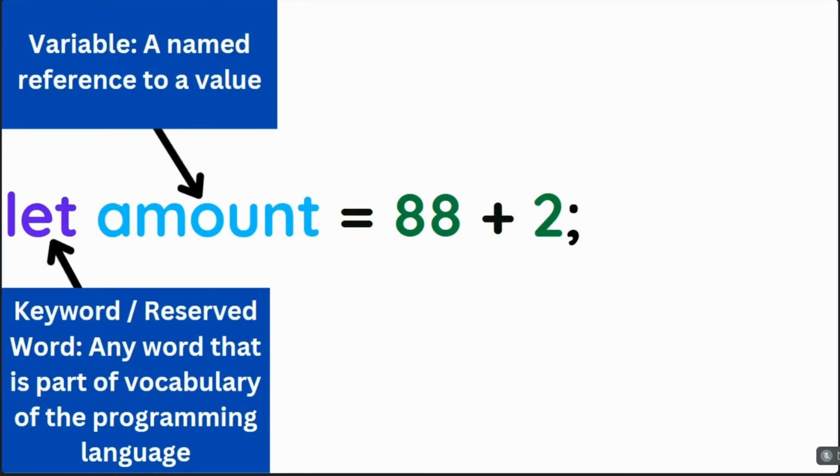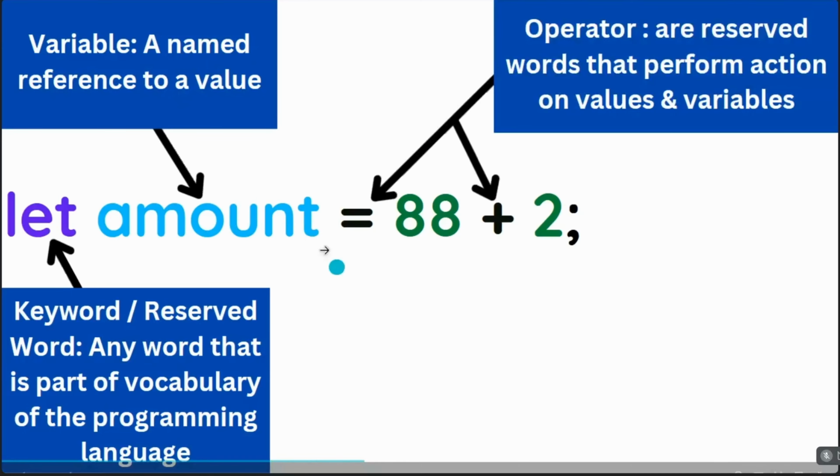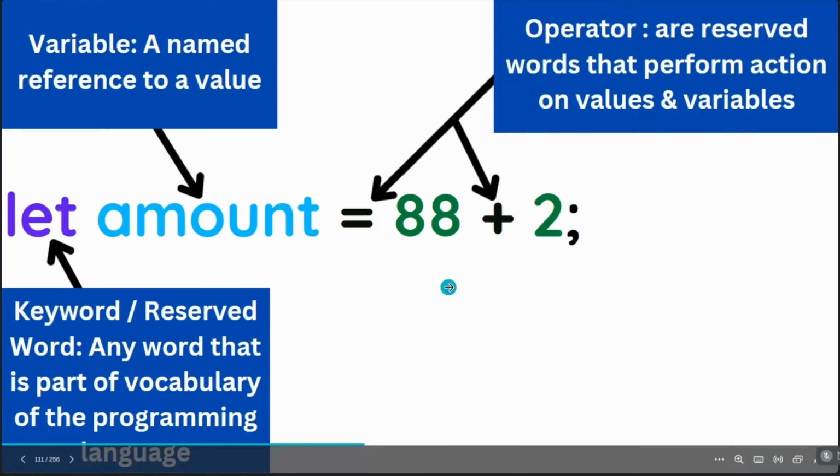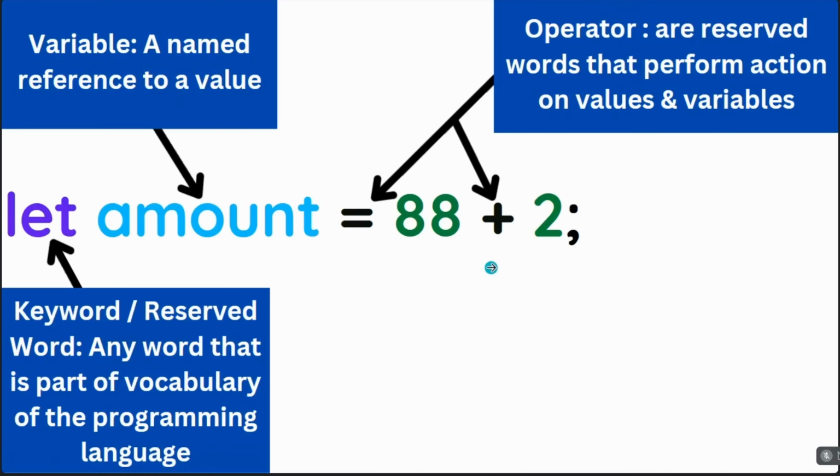The next ones are the equal to and plus symbols. Equal to, minus, plus, multiply, divide, all these are called operators. Operators are reserved symbols that perform actions on values and variables.